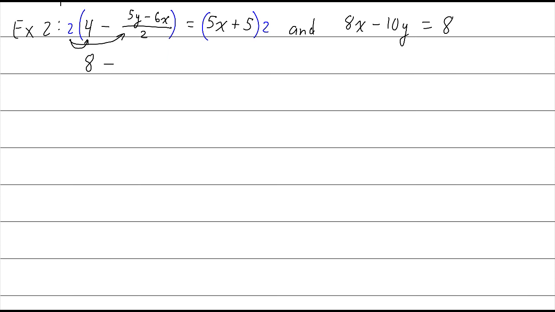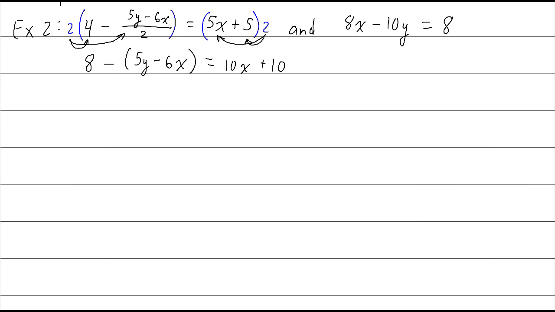Now be careful. Because those are on top of the fraction together, that 5y minus 6x, I should make sure that I indicate that they are actually together. Okay, that's going to make a difference with my signs, right? It's minus all that stuff over 2, right? So it's still minus all that stuff, so I'll put it in parentheses. All right, and then on the right, distribute the 2. 2 times 5x is 10x, and 2 times 5 is 10.